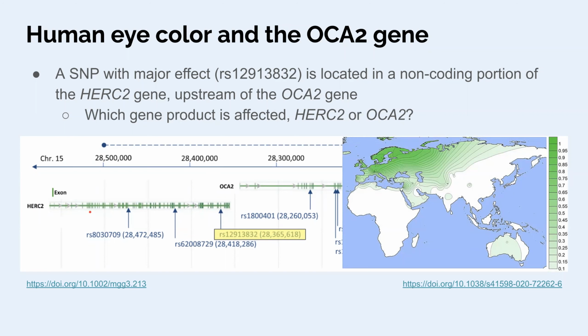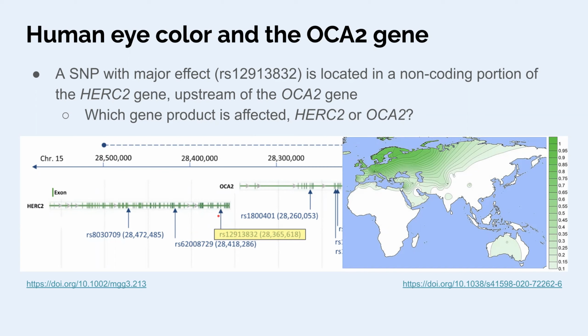People say, well, there are two genes involved. There's OCA2 and HERC2. And it turns out that this SNP is not located in the coding portion of HERC2. This is actually in a little bit of a spacer that's contained within the HERC2 gene.